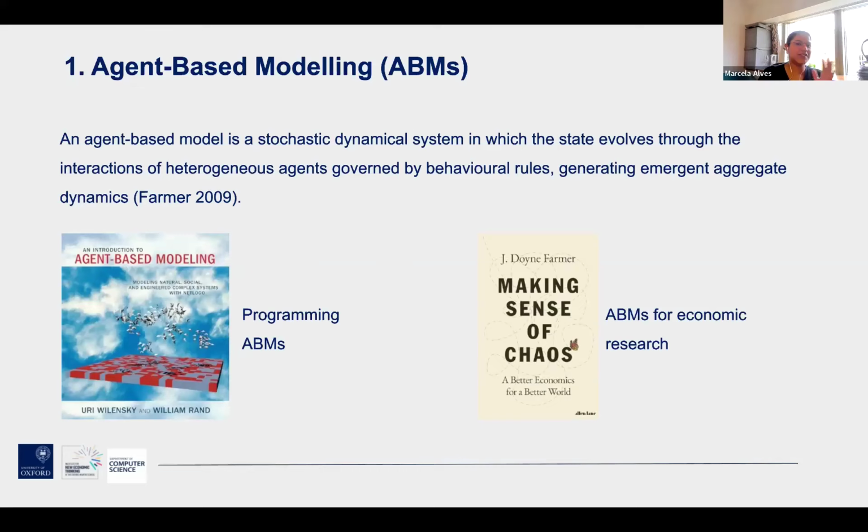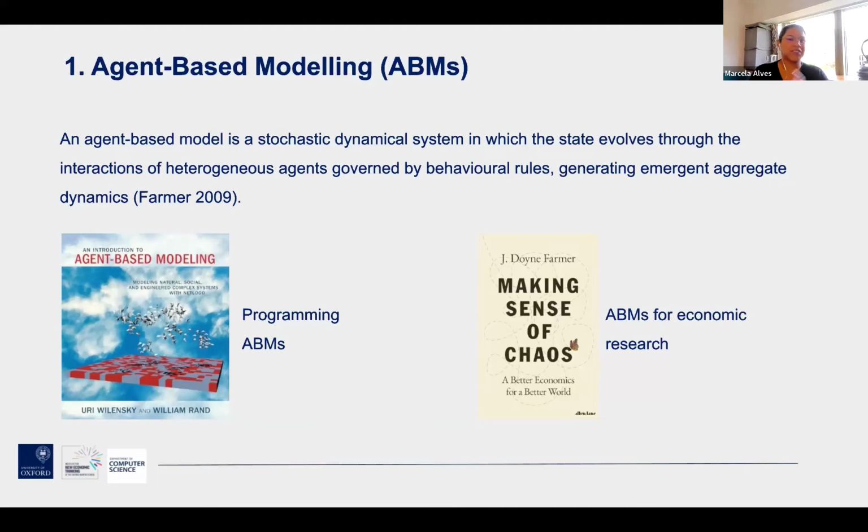So the agent-based modeling definition that we will be using here is having this model where we have stochastic dynamic behavior, and where we also deal with states that evolve through interactions and heterogeneous agents governed by behavioral rules, and if possible, generating emergent aggregate dynamics.